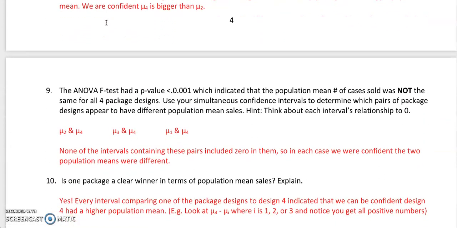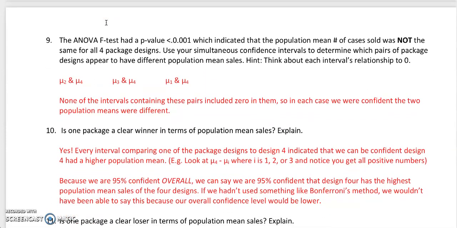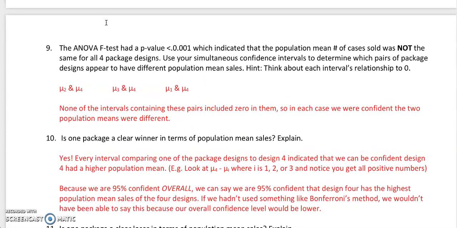So what we can do by putting all of these together is we can say that design 4 looks like a clear winner. In every case where we compared design 4 to another design, we came away confident that the population mean was bigger for design 4.